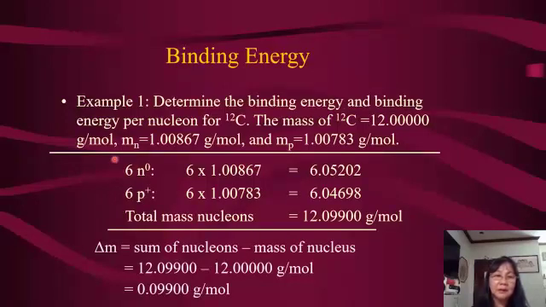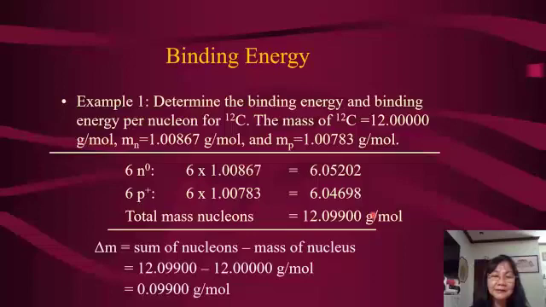The mass of the neutron is 1.00867, while the mass of a single proton is 1.00783. If there are 6 protons and 6 neutrons in an atom, the total mass of the nucleons can be calculated: 6 times the mass of the neutron plus 6 times the mass of the proton. The total is equal to 12.099 grams per mole.